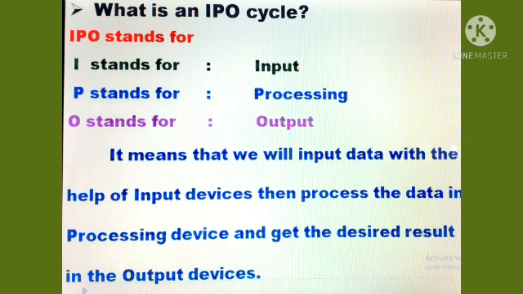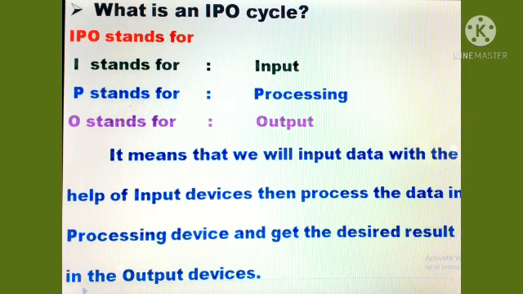Now comes what is an IPO cycle. IPO stands for: I stands for input, P stands for processing, and O stands for output.